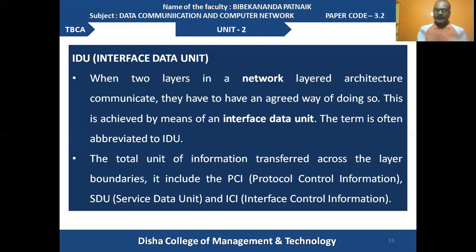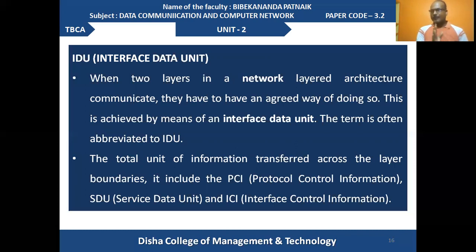So this is the communication between two subsequent layers. Whenever two layers are directly communicating with each other, there is no skipping between layers. So the first layer must communicate with the second, the second with the third, the third with the fourth, and so on up to the seventh. This is achieved by means of the interface data unit, the IDU, which is the total unit of information transferred across the layer boundaries.